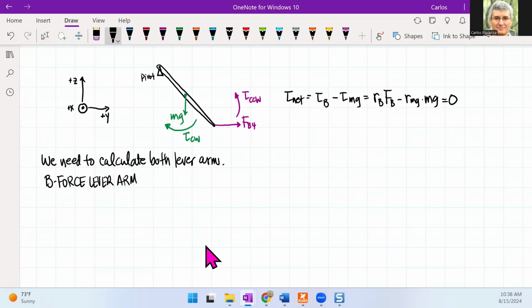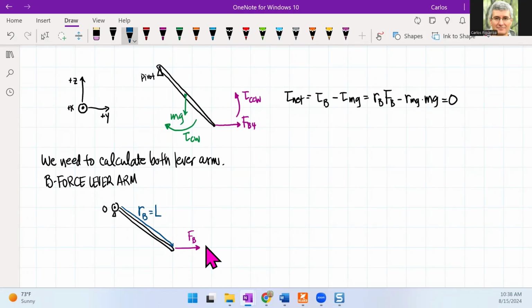So if I look at this, I'm going to have this scenario. I have my pivot point right here. So if this is my 0 point, then you could see here is that I'm going to have my magnetic force right here. And then I have to have my lever arm that comes all the way from the point of rotation to where this is at. And this is RB.